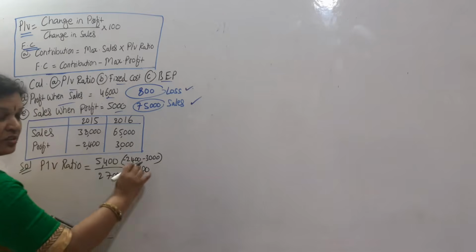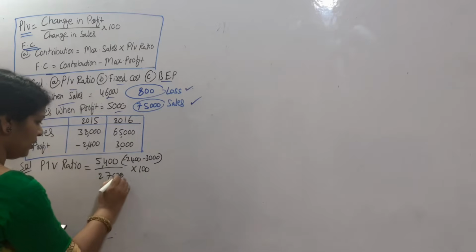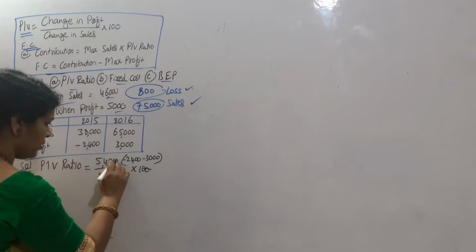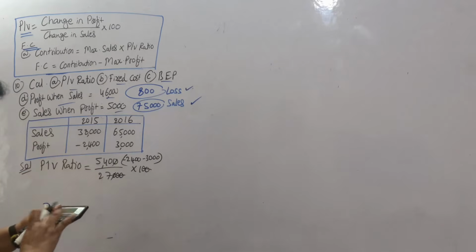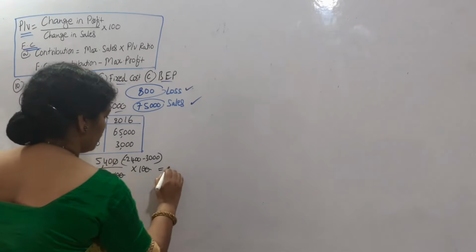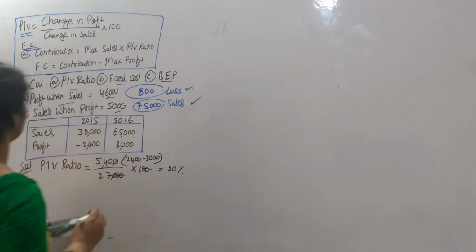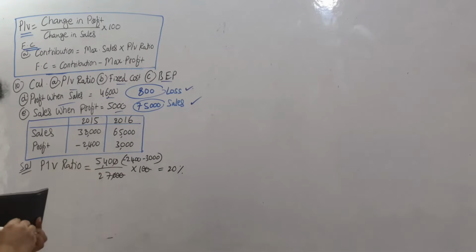This is in brackets for your understanding. So 540 divided by 27 is 20%. PV ratio is 20%.